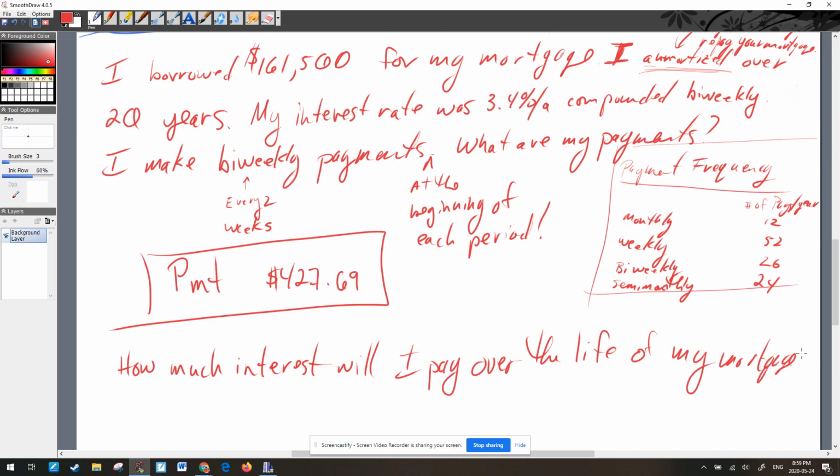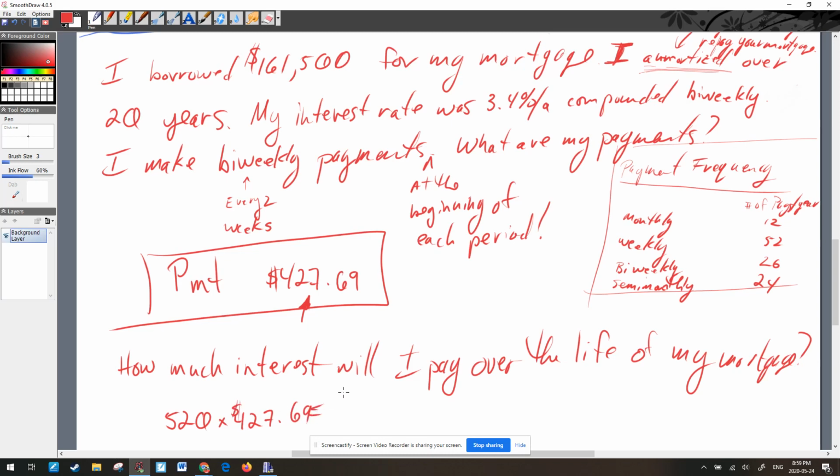And this can be a frightening number to calculate sometimes. So this is how big my payment is, right? I pay $427.69, and I pay it every 2 weeks for 20 years. So we already saw that I make 520 payments, and each one of these payments is $427.69. Okay.